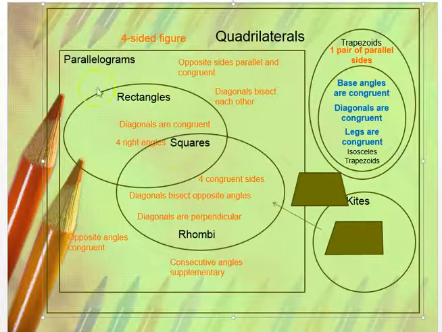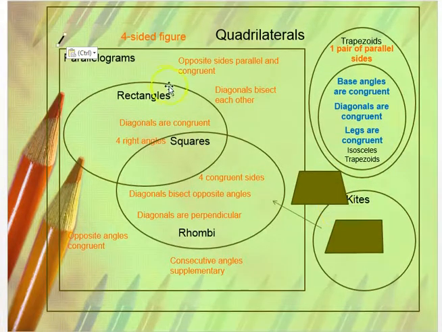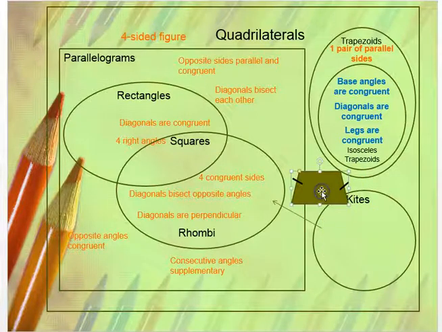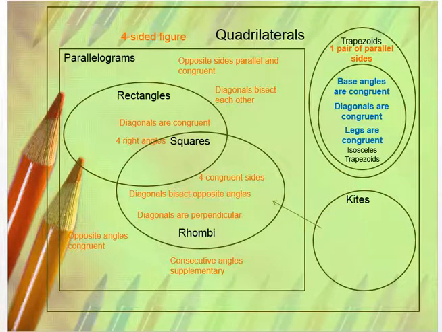The only difference is you've got 2 congruent legs, so we can take these congruent symbols and put them on the legs. The top and bottom are parallel, and the diagonals are congruent for this. That's important. If you go diagonal across the shape, that is congruent to that. It would not be the same for just the trapezoid. Make sure you have those written down, and we will move on to kites.